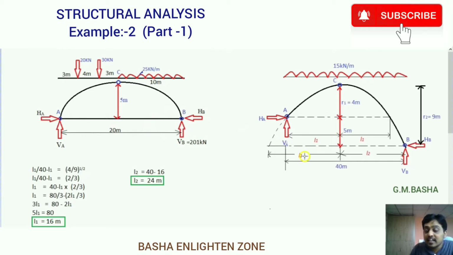But here we can't say exactly what is the length of the left part and the right part. The total length of the arch is given as 40 meters, and the rise is 4 meters from the left support and 9 meters from the right support. So we can't say the length is exactly half. For that purpose you have to go for a relation. One relation will be there, and I will show that relation.